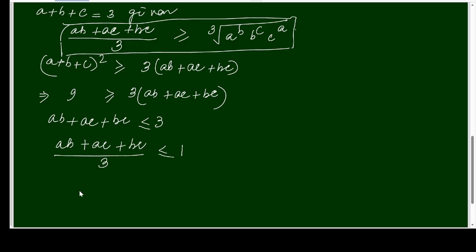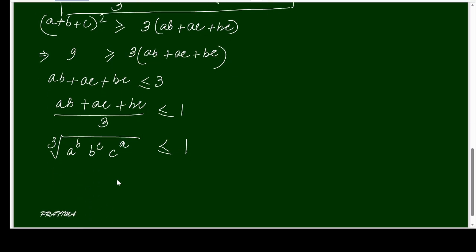So now putting the right hand side, the cube root of A to the power B, B to the power C, C to the power A is less than or equal to 3 by 3, that is equal to 1. Now taking the cube of both the sides, I get A power B, B to the power C, C to the power A is less than or equal to 1. Hence proved.